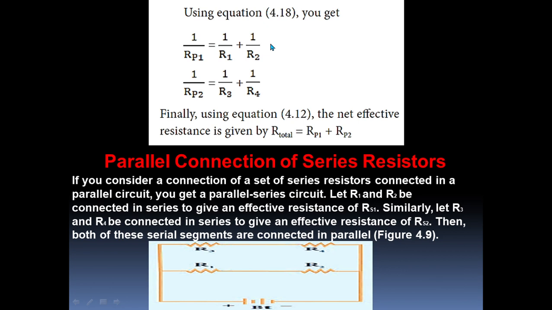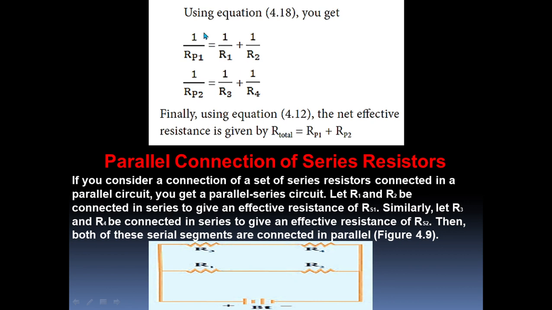So using equation 4.18, which we learned in the last class in the previous topic, what is the formula for the effective resistance in parallel? 1 by Rp is equal to 1 by R1 plus 1 by R2.